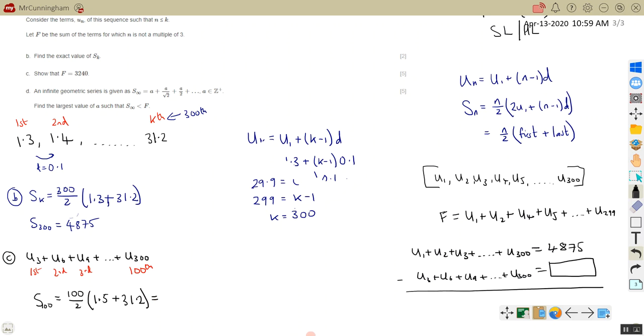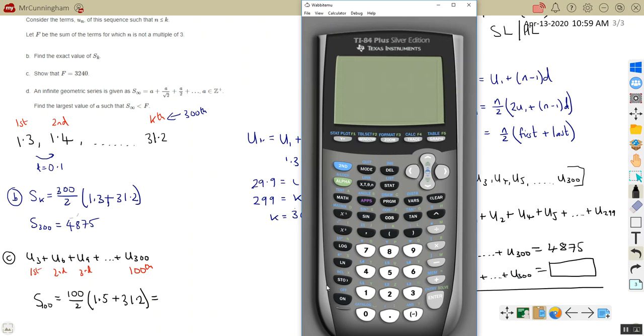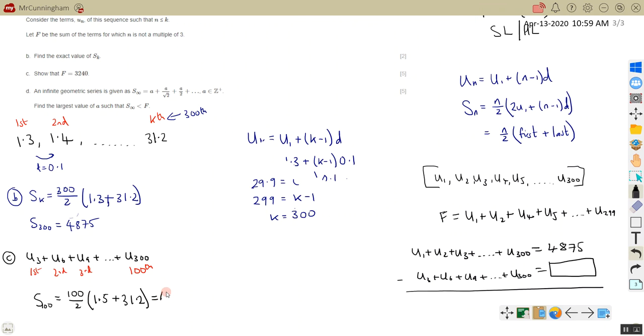I can work that out on my calculator. 50 times, that gives 1635. Okay, so the sum of all the multiples of 3 is 1635.